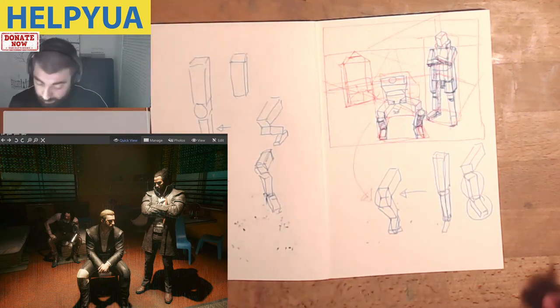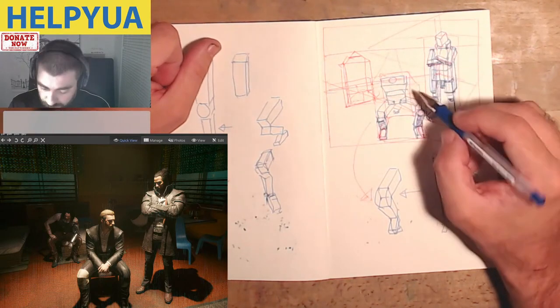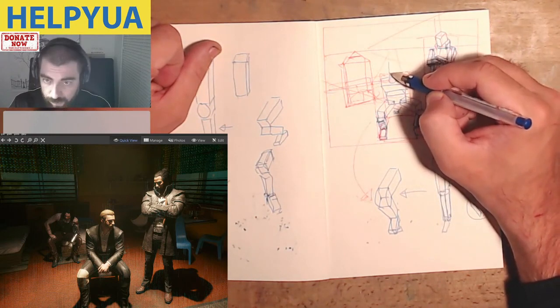Okay. So, and his arms here. Okay, let's do his head.